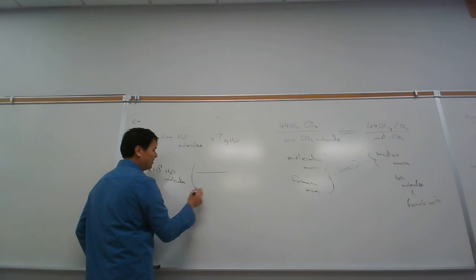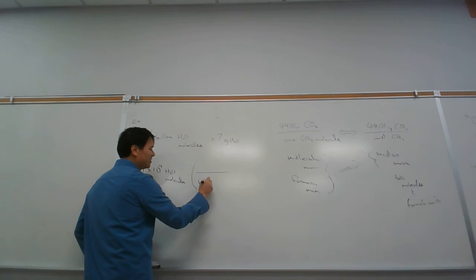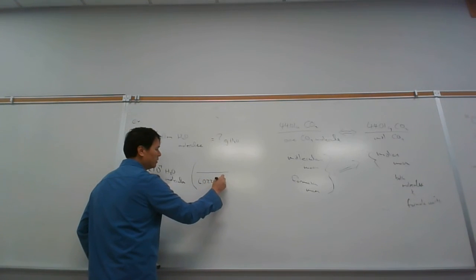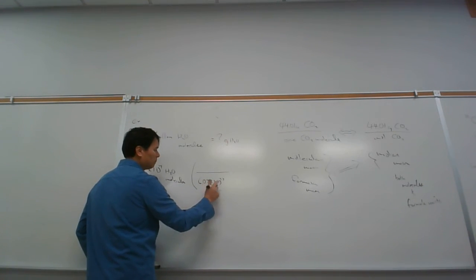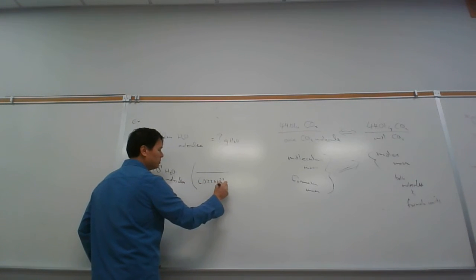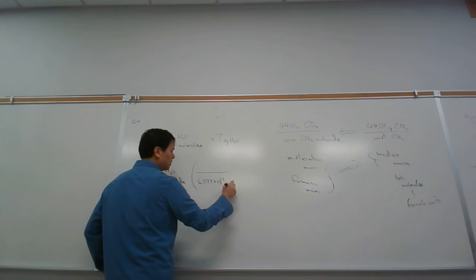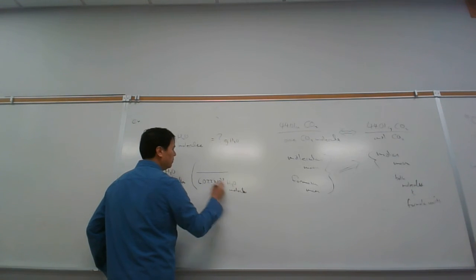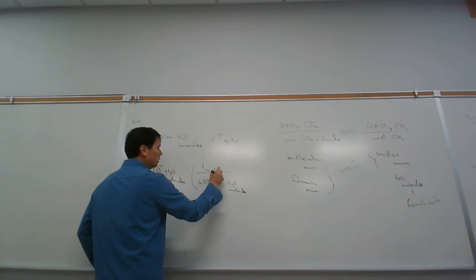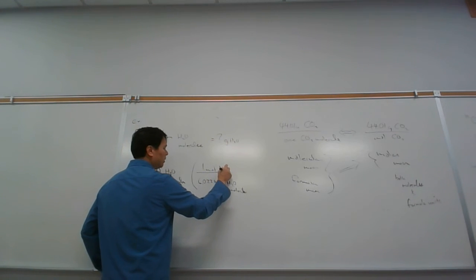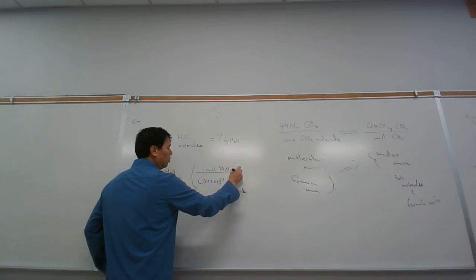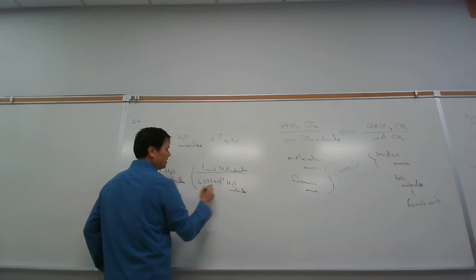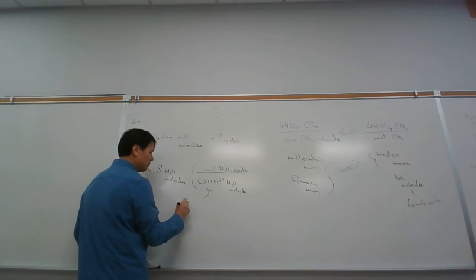the mole concept. This number, 6.022 times 10 to the 23rd, has a name. And so 6.022 times 10 to the 23rd H2O molecules would be called 1 mole of H2O molecules. Or the name for this number is called Avogadro's number.